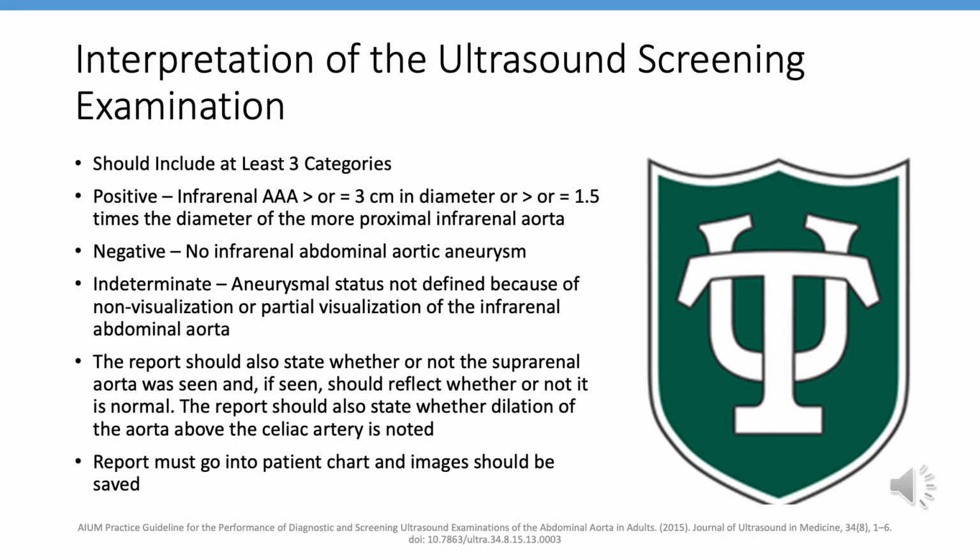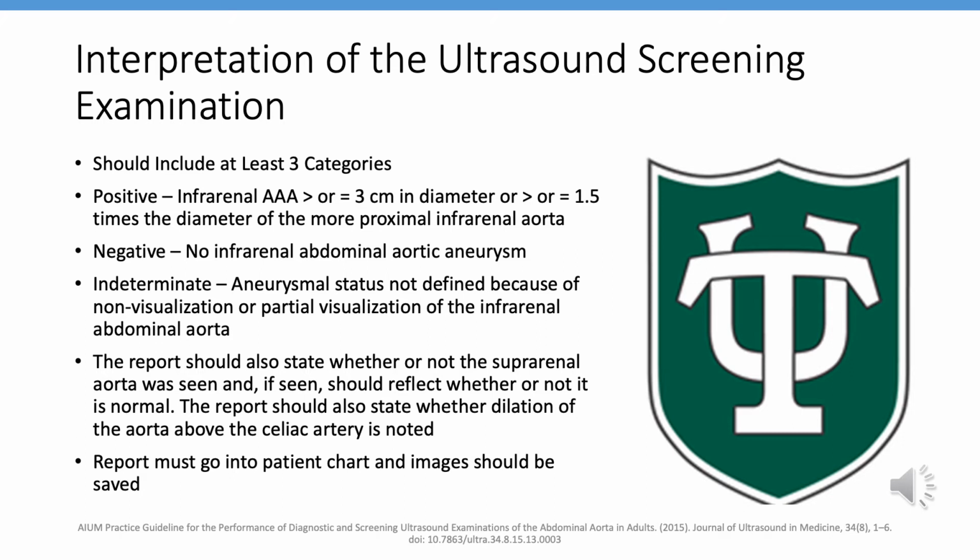When interpreting the point-of-care ultrasound screening of abdominal aortic aneurysm, it is important to report if the exam falls in one of 3 categories. The first category is a positive finding, in which the infrarenal AAA is greater than or equal to 3 centimeters in diameter, or is greater than or equal to 1.5 times the diameter of the more proximal portion of the infrarenal aorta.